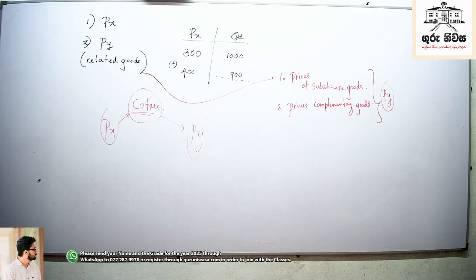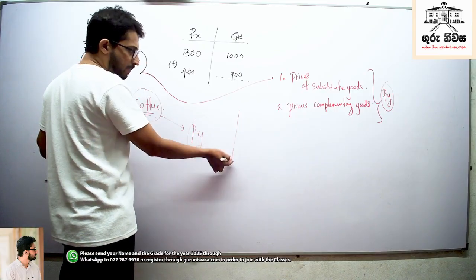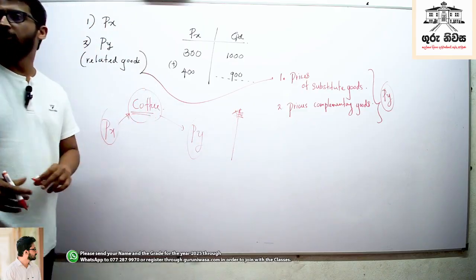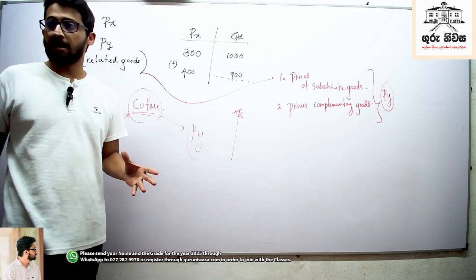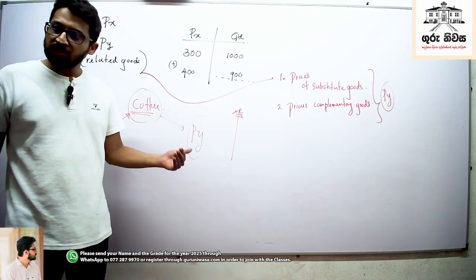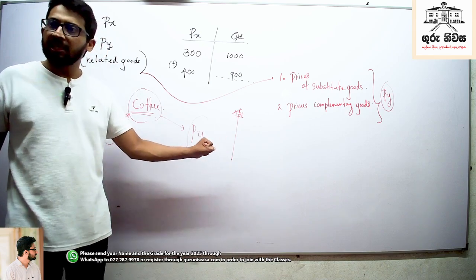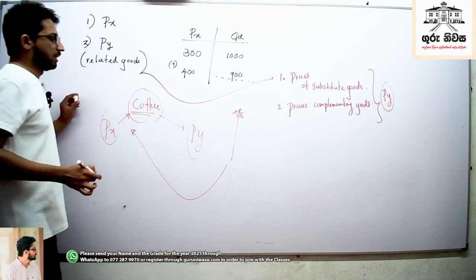Example, if tea is really expensive, assume tea has become the most expensive product. Then the consumers who had been using tea would come to coffee.